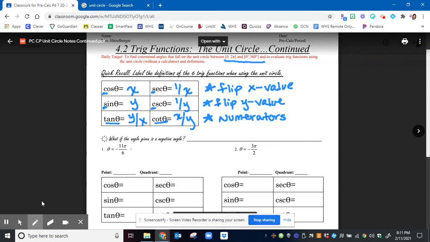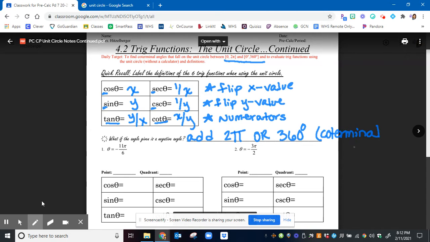Well, I can add a coterminal angle. We could add 2 pi if we are in radians, the ones that have the pi's in it, or 360 degrees if our angle is in degrees. This is called finding a coterminal angle.